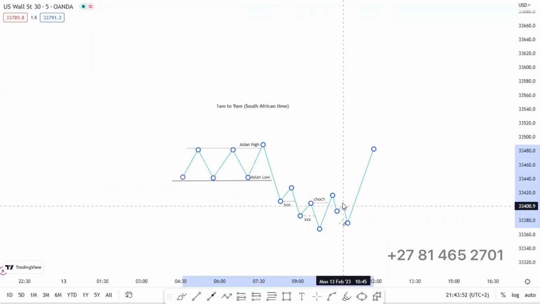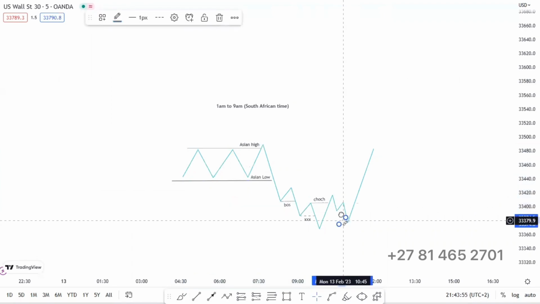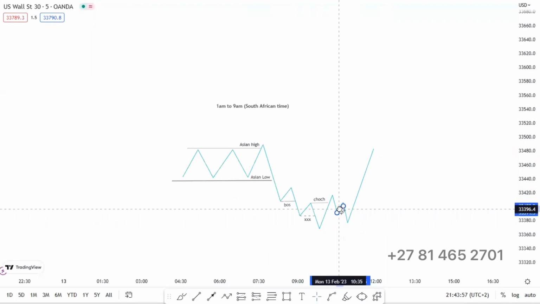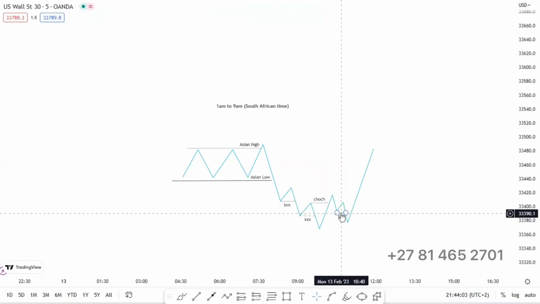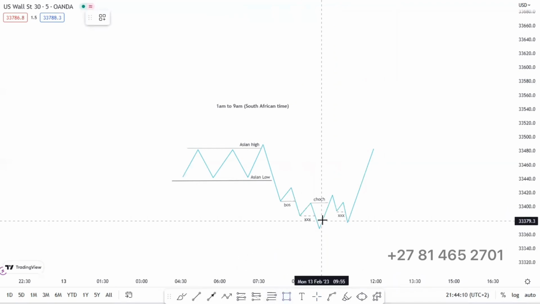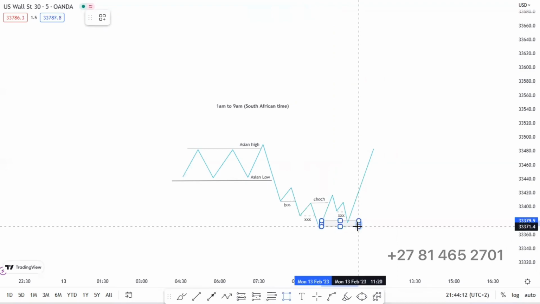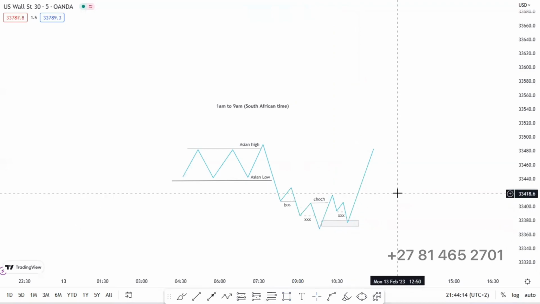This is our sweep of liquidity, inducement here. Let's take it a bit up. Then wait for the market to step into our order block somewhere right about there.